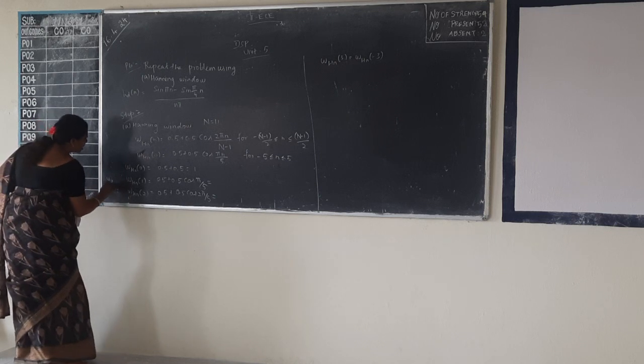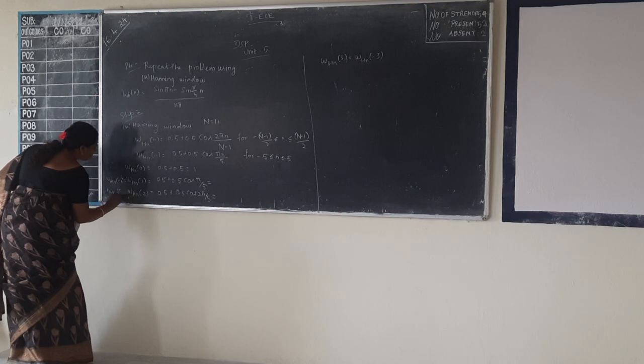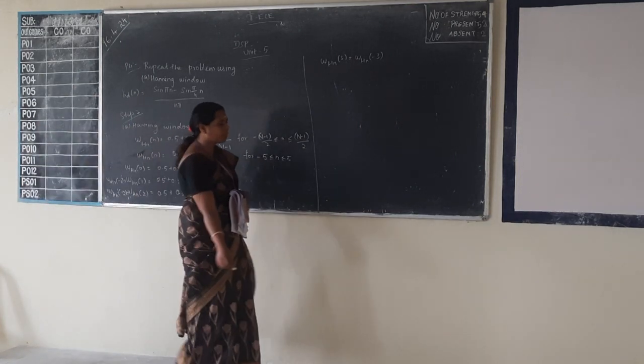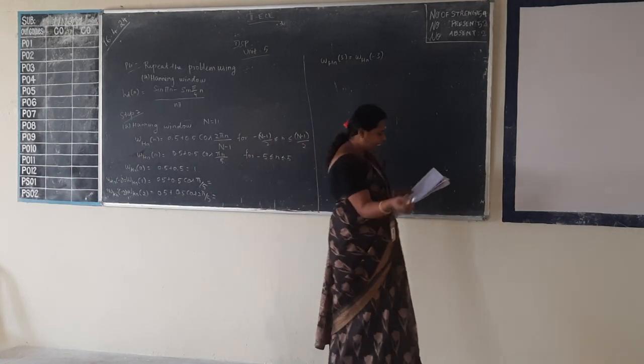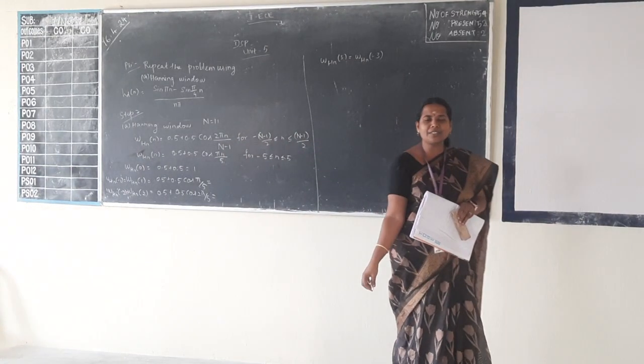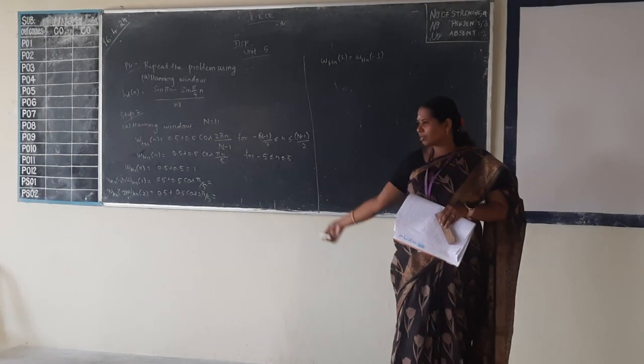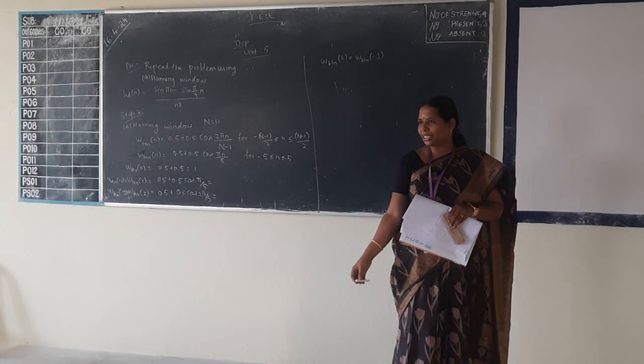So w_Hn of minus 1 is equal to w_Hn of 1, and w_Hn of minus 2 is equal to w_Hn of 2. Find it for minus 3 also. Use the calculator, find out the answer and tell me.